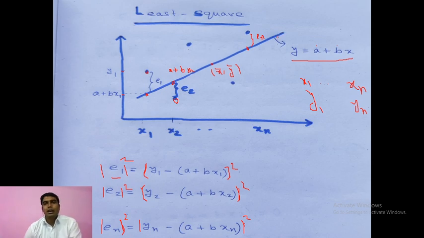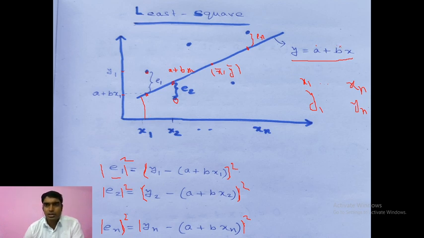So our main purpose is to find the best straight line. I know one point on the straight line, that is x bar y bar. Now the slope of this straight line is b.